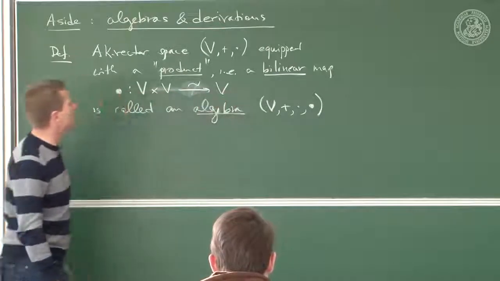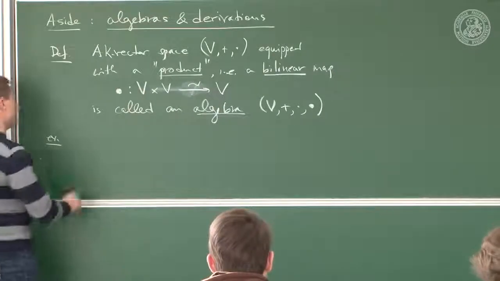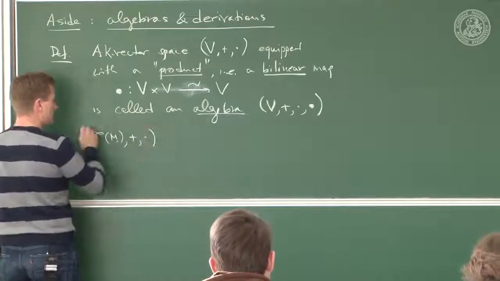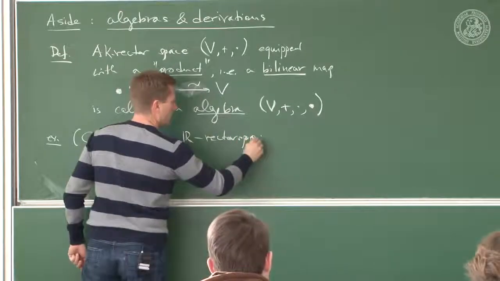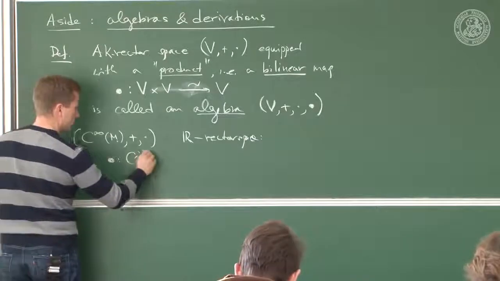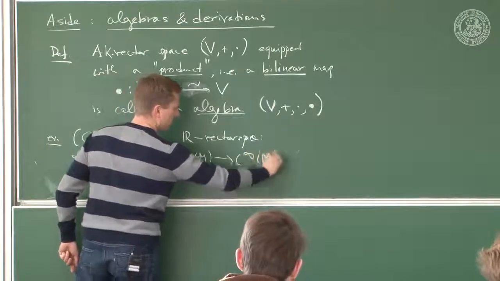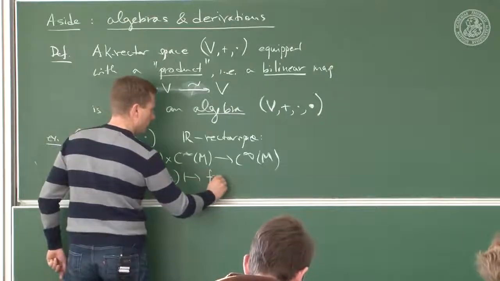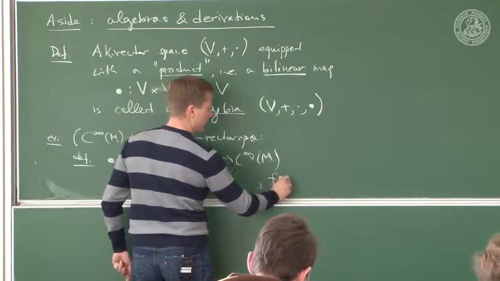The example I bring up at this point already is C infinity M, which we recognized to be an R vector space. You can of course define a blob, C infinity M cross C infinity M to C infinity M, that sends a pair of smooth functions to the blob of the two smooth functions, where the blob is defined pointwise.